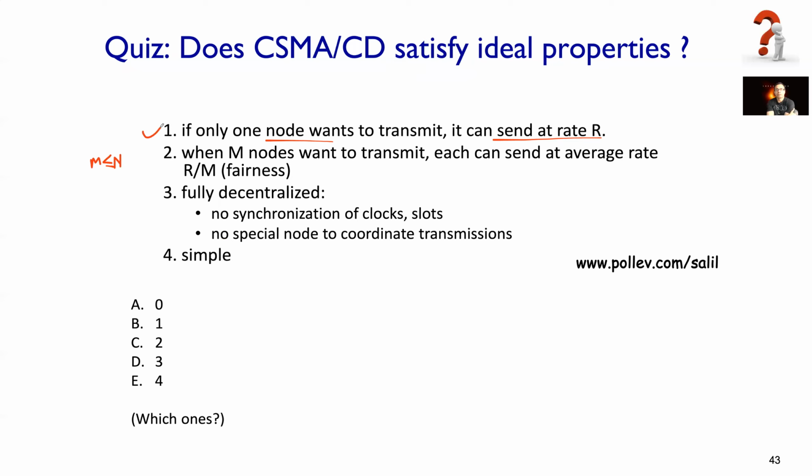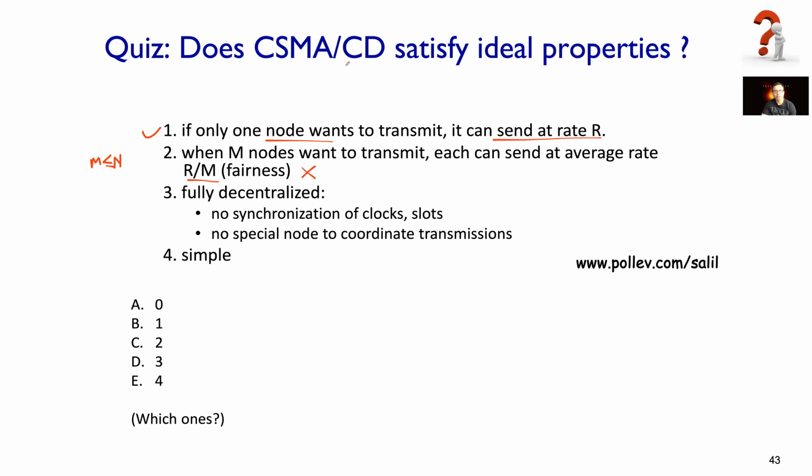If there are M nodes, would each node be able to send at the average rate of R by M? Well, when there are M nodes, it means collisions are likely, which means we are going to have some wastage, which means we are never going to achieve this, right?